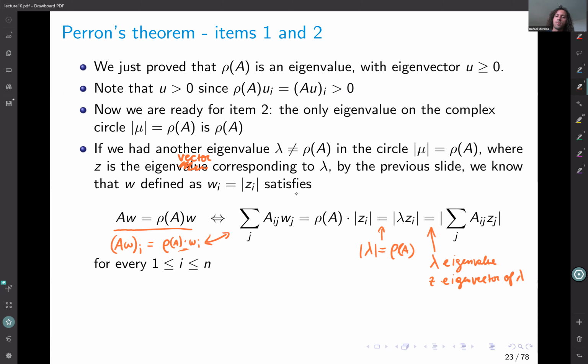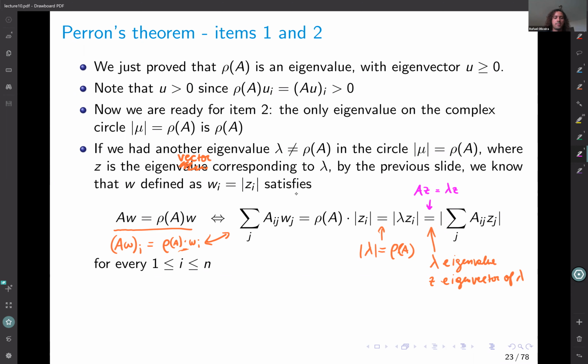This equality just follows from the fact that A times Z is equal to lambda Z. And this follows for every index i, so for each coordinate this holds.